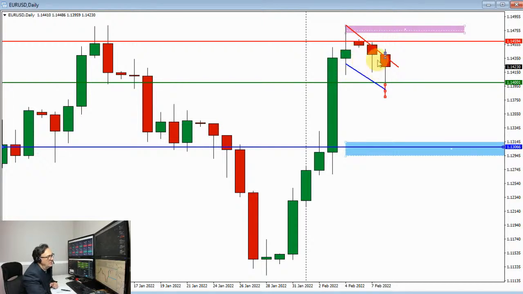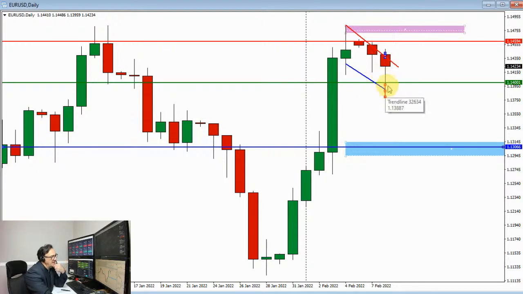Then this is called a hanging man. It looks like a hammer, but it's red, and it's found on the top of trading ranges. You can see one here as well. It looks like this, but up here. And there is another one forming here today. So they tend to be bearish, but there is some buying pressure here at the moment.